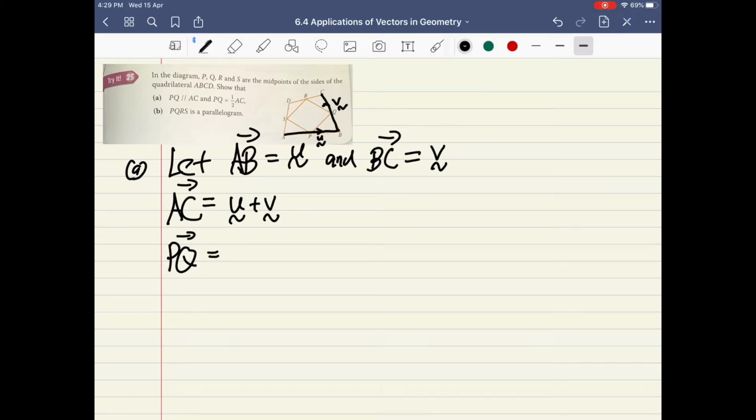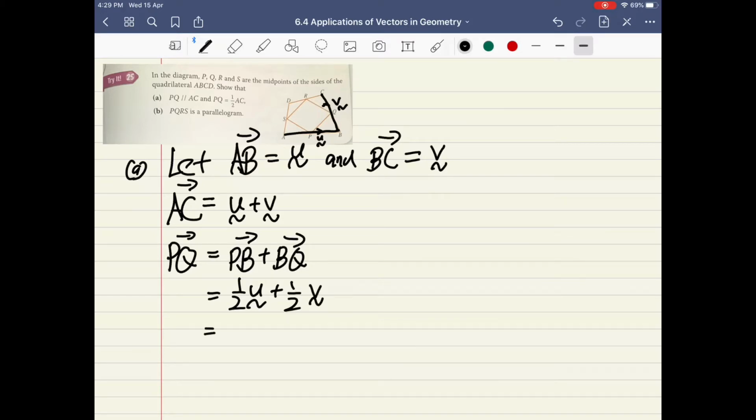Next, I also want to look at the vector PQ. Since P, Q, R, S are all midpoints, PQ is actually PB plus BQ.